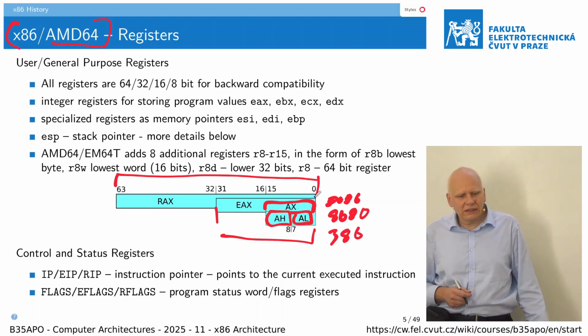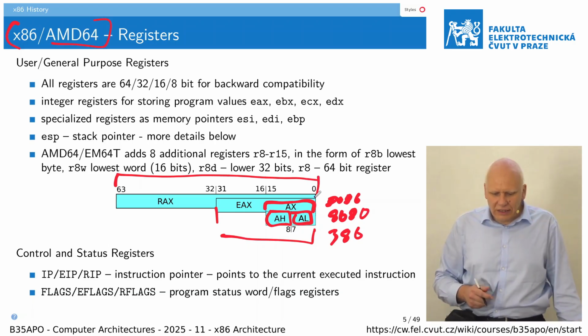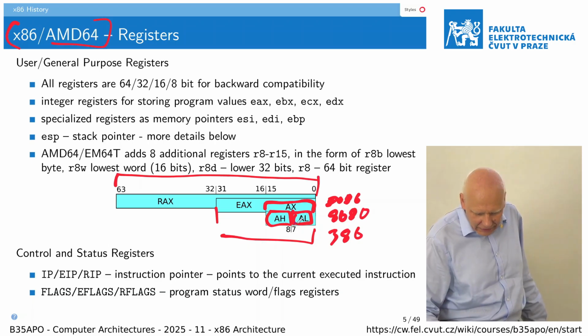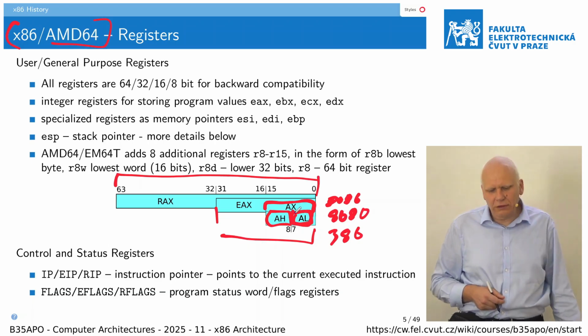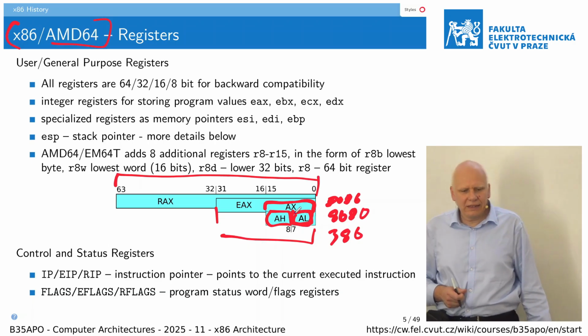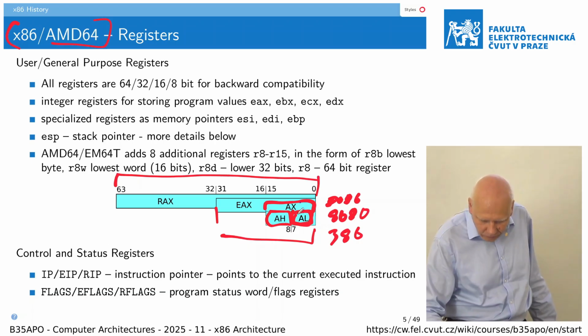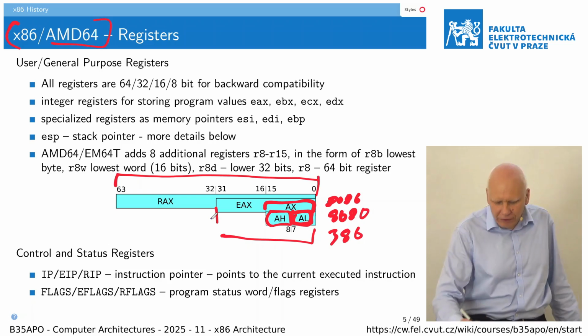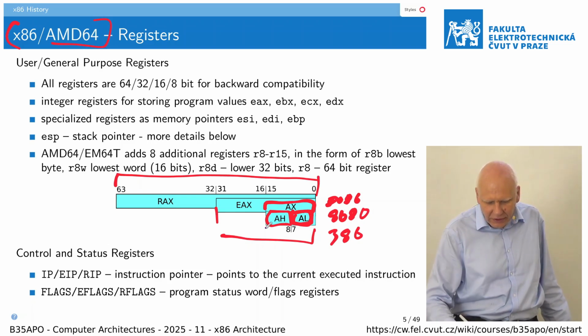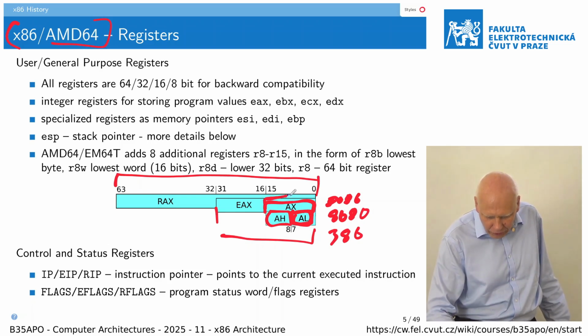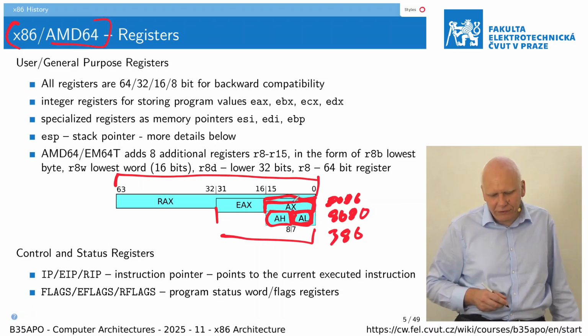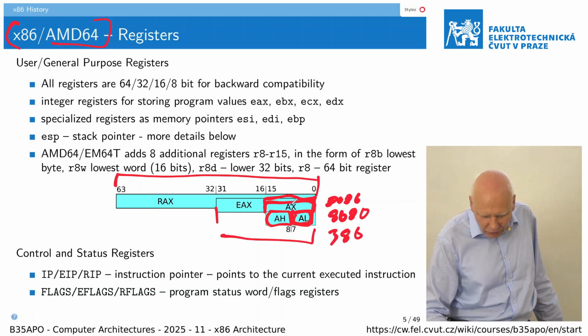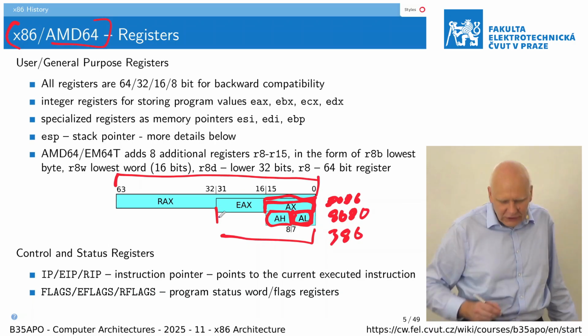There are interesting rules that if you replace and address only the lower parts of the registers, then it doesn't modify the rest of the register. So basically, you can modify only part of the register. Later, of those 32-bit registers, you can modify only the lower part or the whole register.